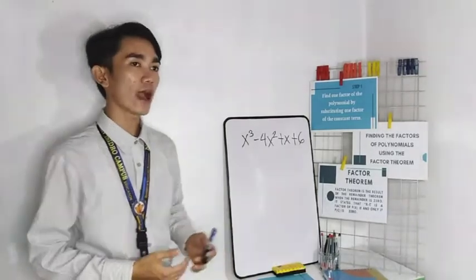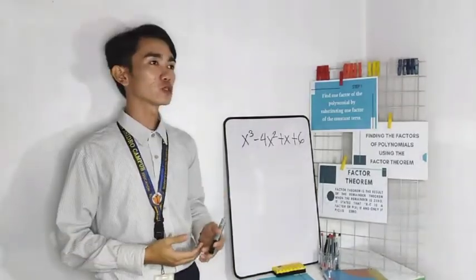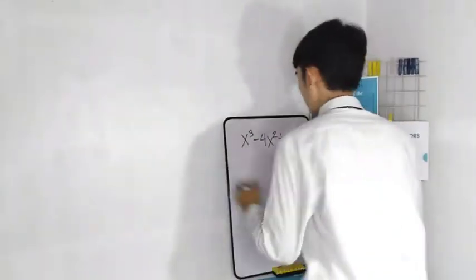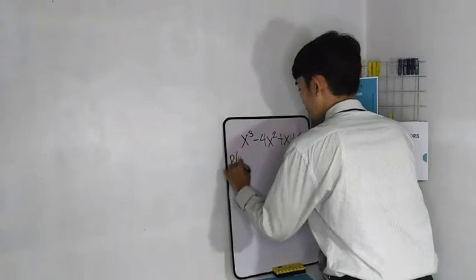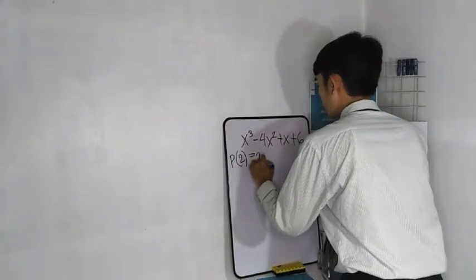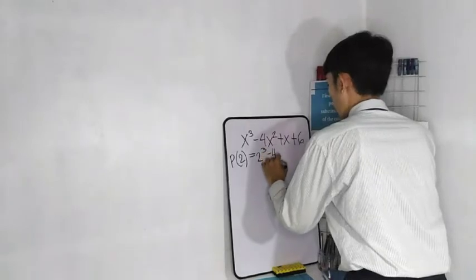So by following the first step, we're going to substitute a factor of 6 to the given polynomial. So let's say we have 2. Let us substitute 2 to the given polynomial. So we have here p of 2 is equal to 2 cubed minus 4 times 2 squared plus 2 plus 6.